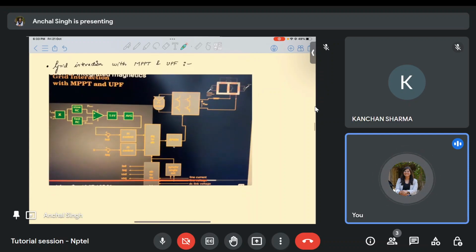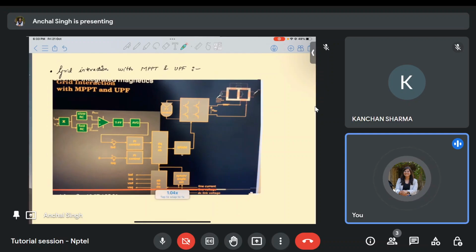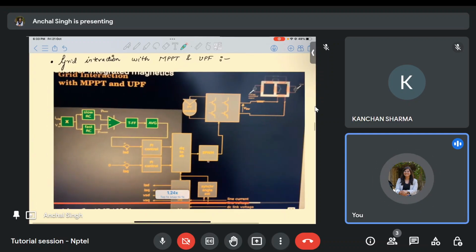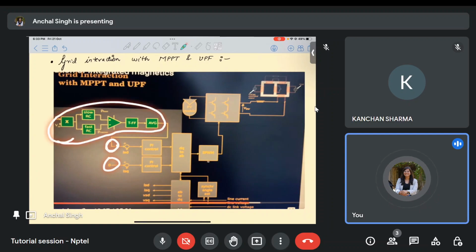So if you want to operate with MPPT and unity power factor operation, then you will set these references. This is our MPPT loop. This MPPT loop will generate my ISD reference, and I will set the ISQ reference as 0 in order to get unity power factor operation. But just by changing these input references, I can control the working of this current control converter here in the submicrogrid.